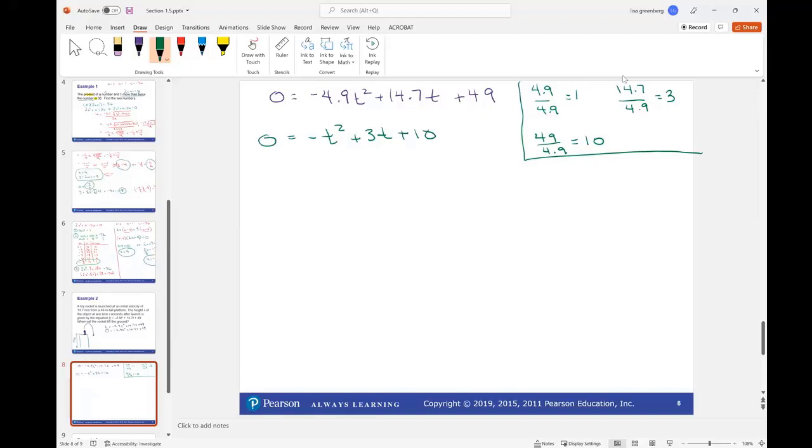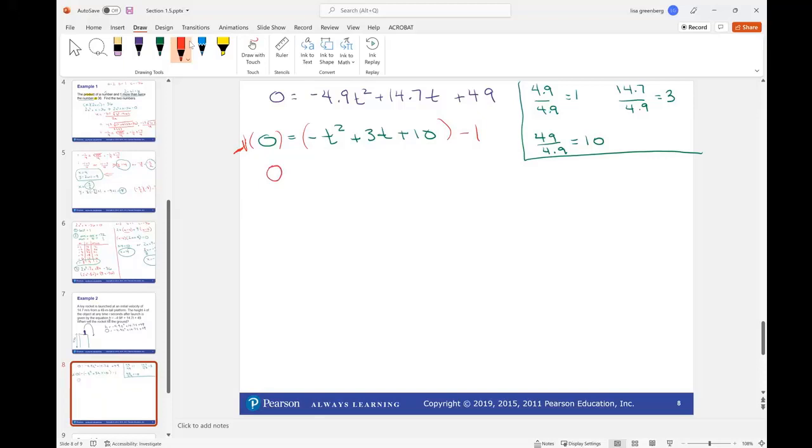And now this is pretty easy to solve by factoring. So how I would solve this by factoring, first, I never like having a negative as the leading term. So I can multiply both sides by -1, right? And if I do that, well, -1 times 0 is still 0.